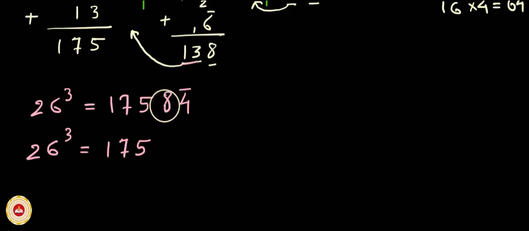Because this 8 is the previous digit to this negative digit. So lessen this 8 by 1, write 7, and this is the only negative digit in this number. So subtract this 4 from 10. 10 minus 4 is 6. So we are ready with our final answer. 17,576 is our answer.